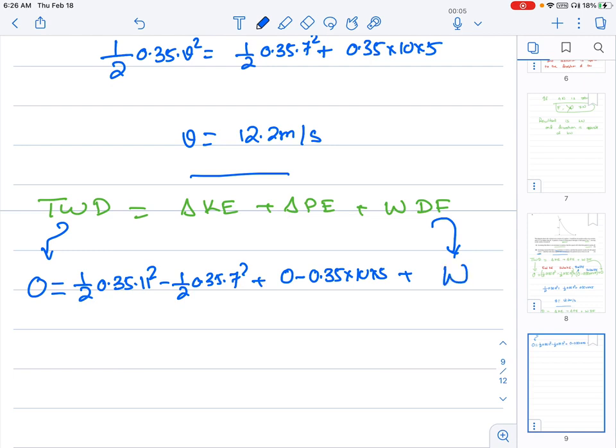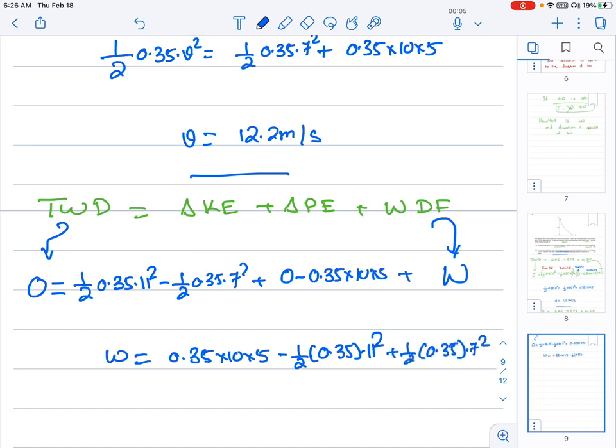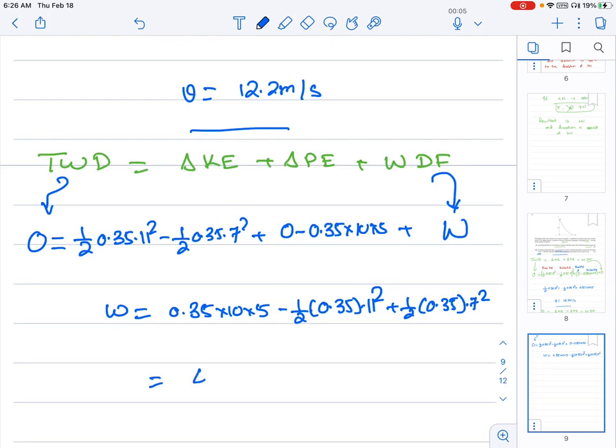So that work done may be W. We have to find this W. So W value will become 0.35 times 10 times 5 minus 1 by 2 times 0.35 times 11 square plus 1 upon 2 times 0.35 times 7 square. Simplify that, it should be equal to 4.9 joules.